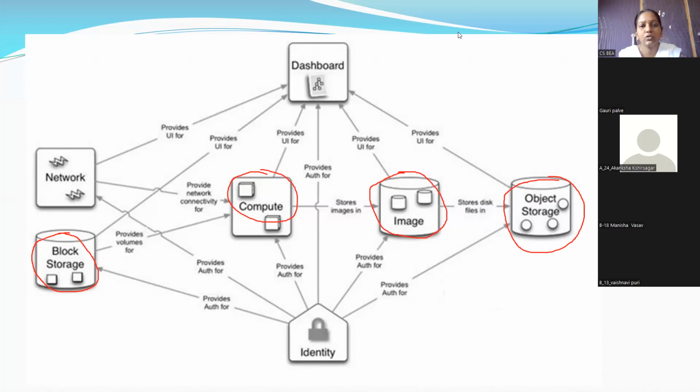Then next is Neutron, or we can call it networking. Somewhere it is written as Neuron and somewhere as Neutron also. This is responsible for establishing a network structure between the components for better connectivity.